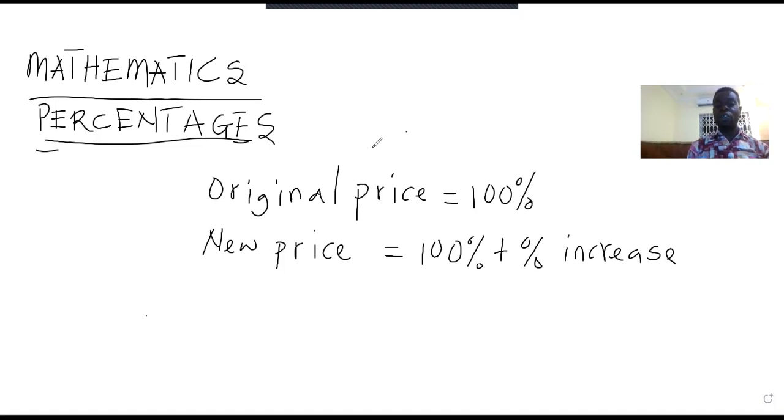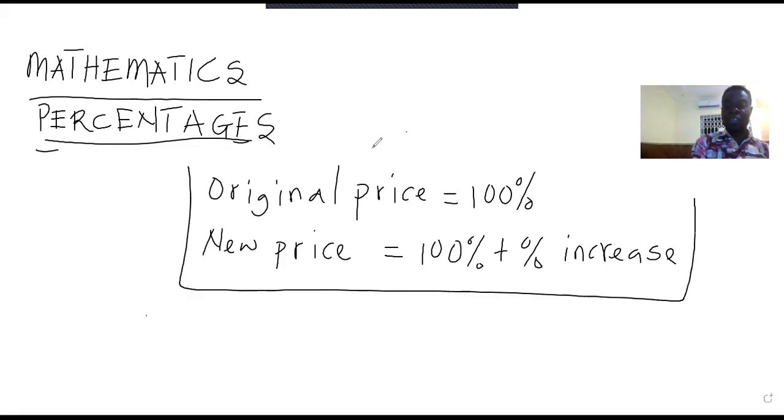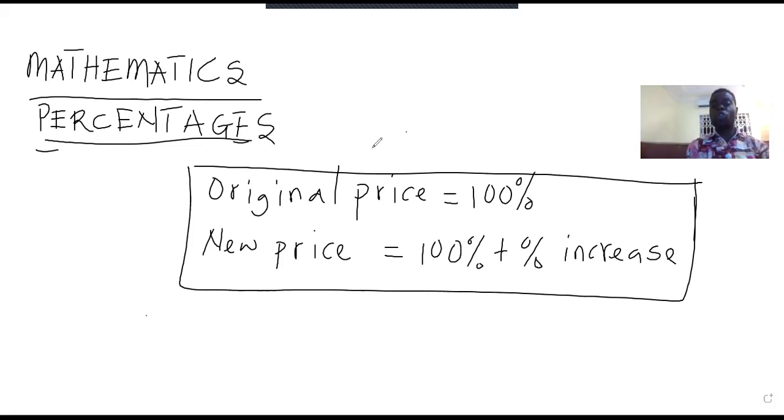So this is for percentage increase. The original price should be equivalent to 100%, and then the new price should be equivalent to 100% plus the percentage increase. So we're going to use proportion here. When you're being given a question under these areas, we're going to use proportion.